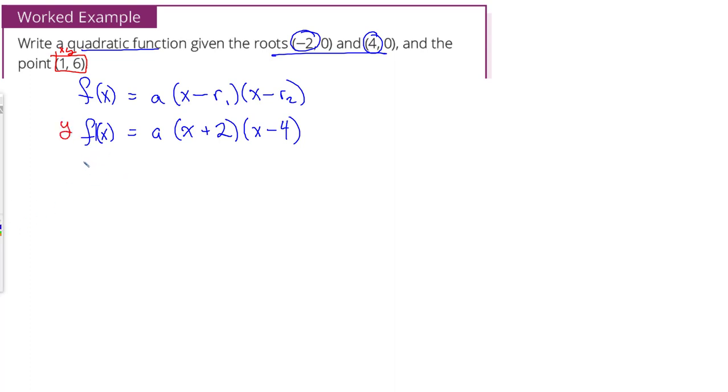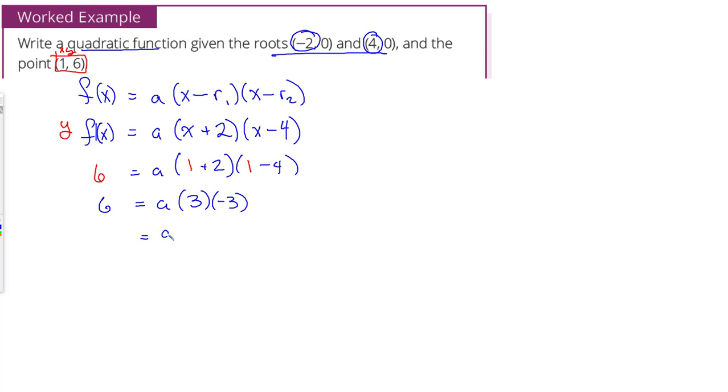And so we're going to plug in 6 here equals a times 1 plus 2 times 1 minus 4. And so we have 6 equals a. 1 plus 2 is 3. 1 minus 4 is negative 3.